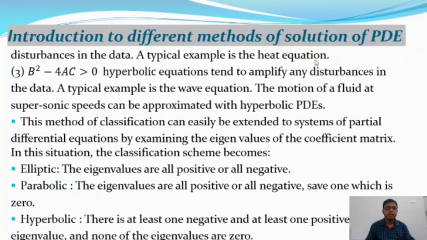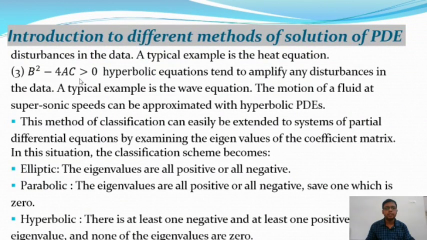If B² − 4AC is greater than 0, then we get the hyperbolic equations, which tend to amplify any disturbances in the data. The typical example is the wave equation. So when B² − 4AC is less than 0, we get the elliptic conic, and the typical example is the Laplace equation. If B² − 4AC equals 0, we get the parabolic conic, and from this the heat equation.